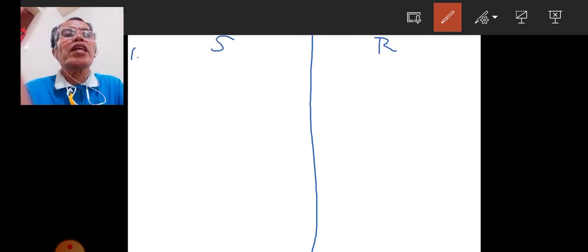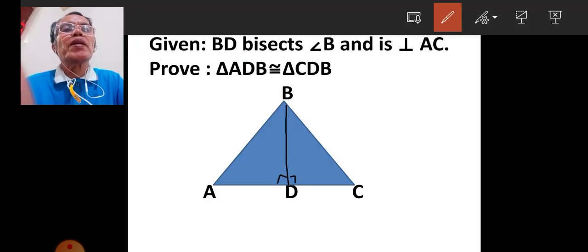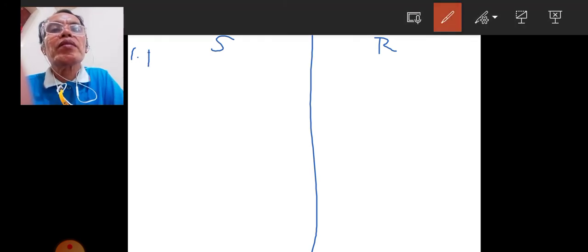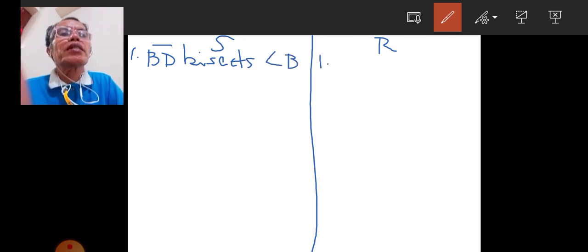So statement number 1 must be BD bisect angle B. So segment BD bisect angle B. So that is given.